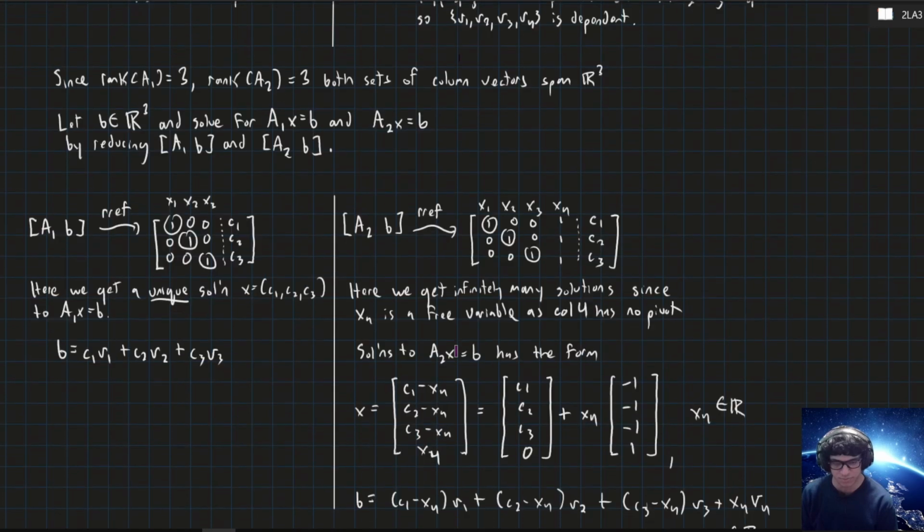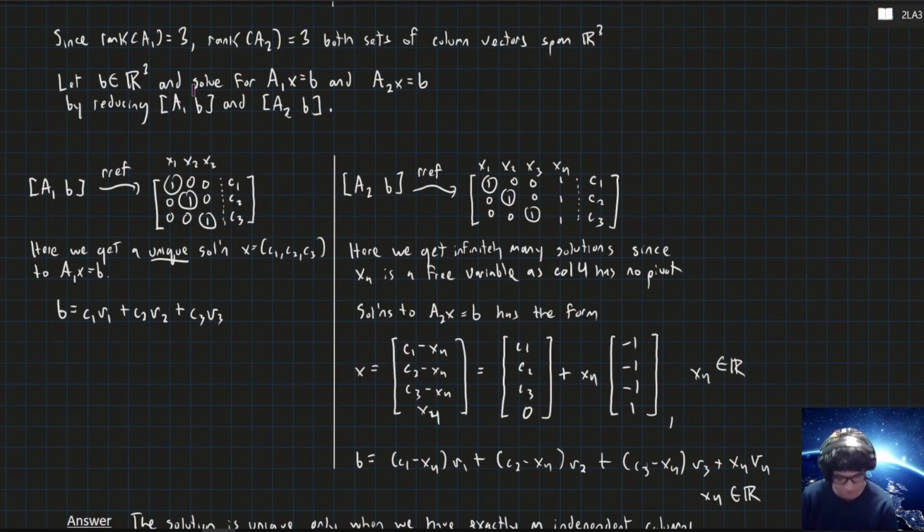Remember, the strategy for solving such an equation is we write out the augmented matrix and then we put that into reduced echelon form. So for A1, this is what we get. We put it into reduced echelon form and we get 3 pivots as expected because it's 3 independent vectors.